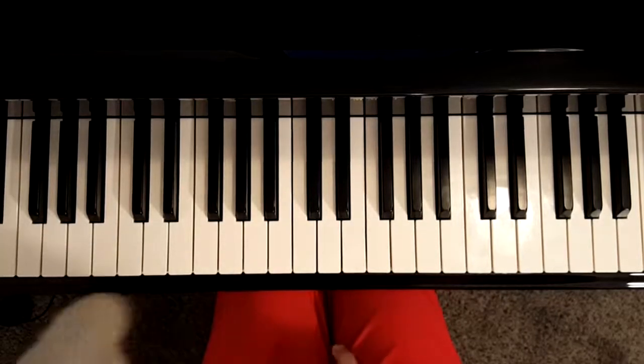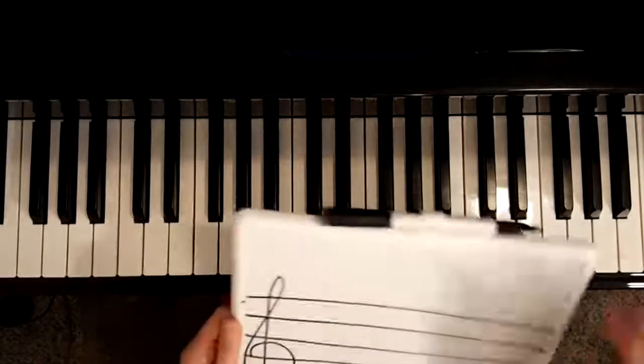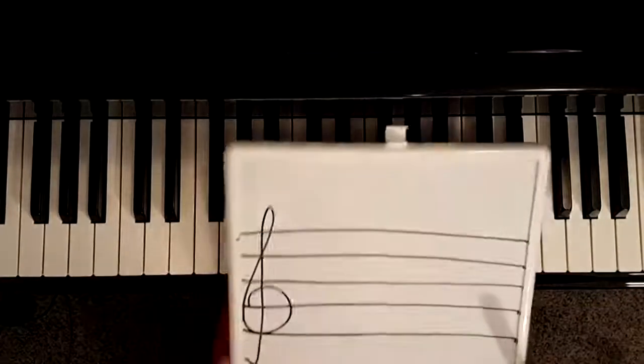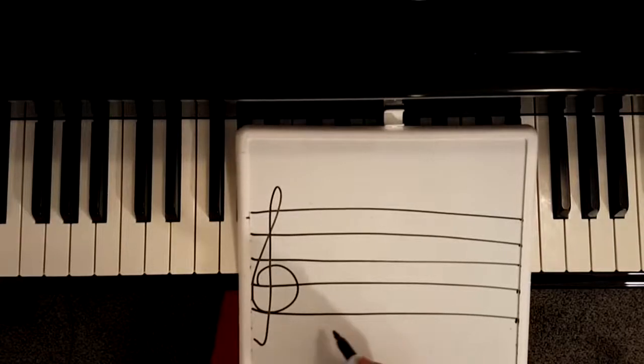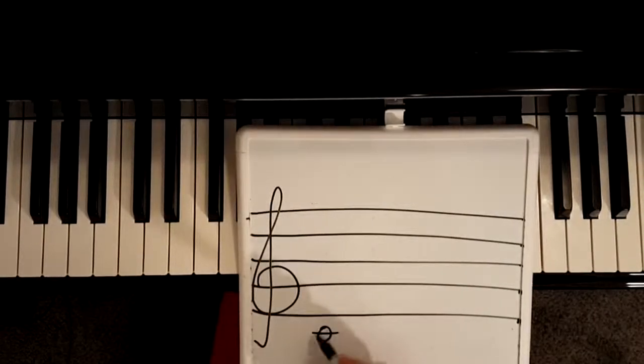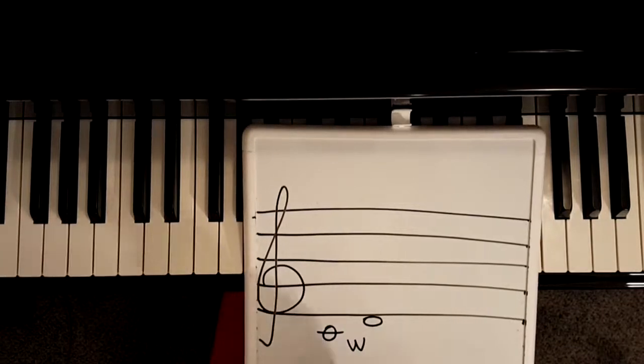Okay, now let me show you a little bit more how to write those steps, okay? So you already know if you go from, let's say, middle C to D, that's going to be a whole step, right? But let's say if you go from C sharp to D, that's going to become a half step, okay?